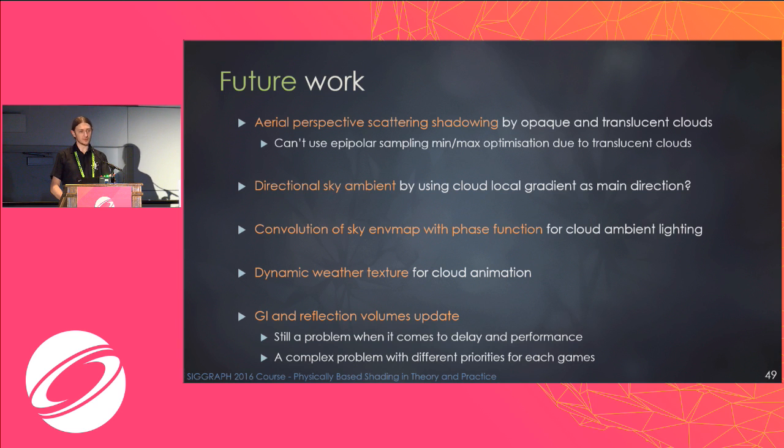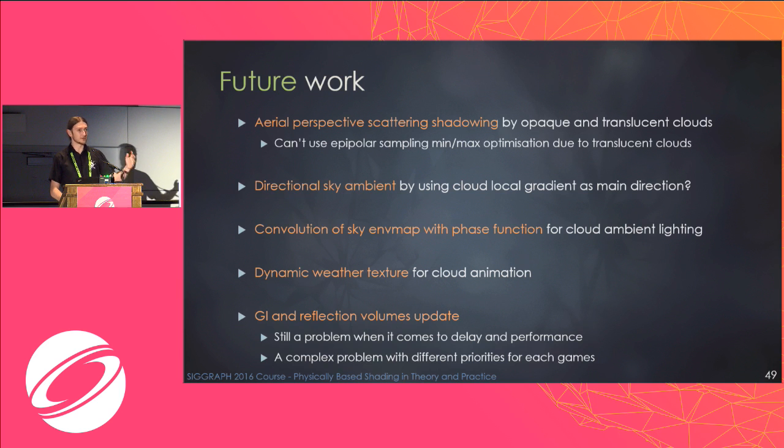So of course, what do we want to do in the future? There are lots of things to do. For example, with the aerial perspective being affected by the cloud cover, we would like to use proper remarching into the atmosphere to get proper volumetric light shafts automatically.